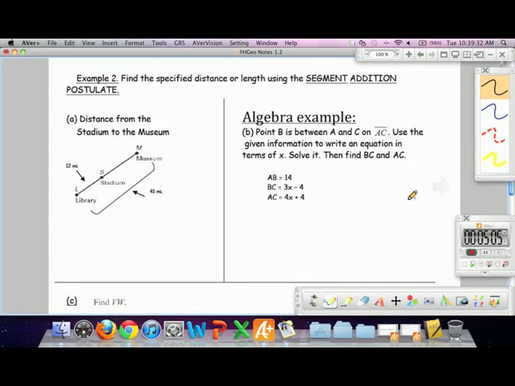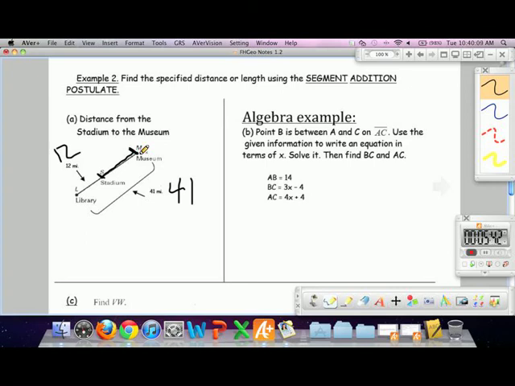In case you can't read that, this first segment is 12 and the full segment is 41. I'm asking you to find the distance from the stadium to the museum. The segment addition postulate says you should be able to find that distance. What is the distance? 29 miles.